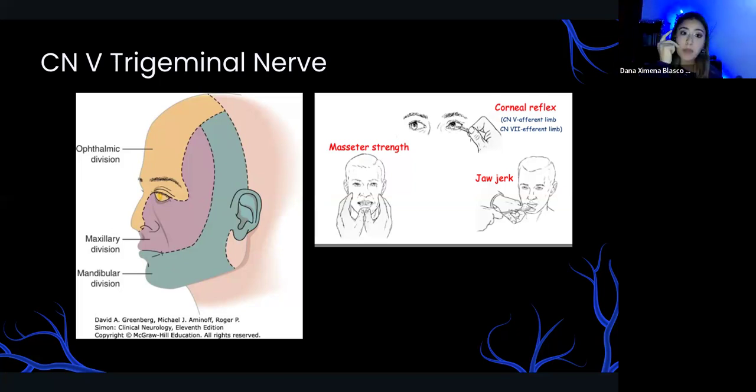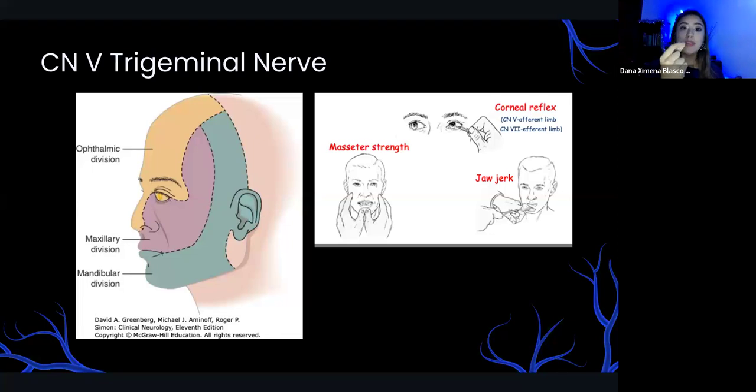So we're going to evaluate both of them. So for the sensitive part, we're just going to use something that the patient can feel, maybe some cotton, something that has a cotton tip, and we're going to ask him to close your eyes.